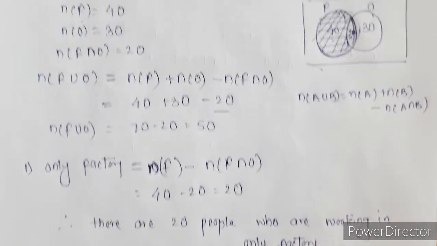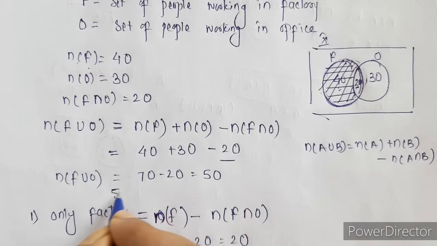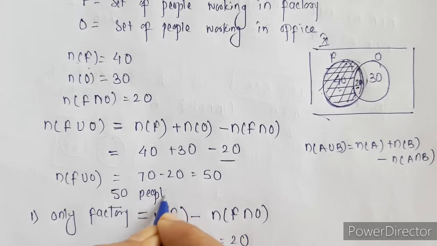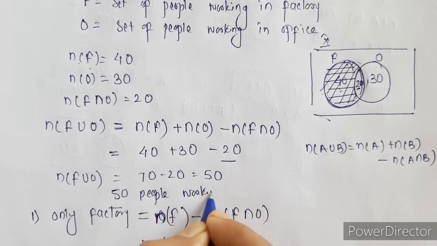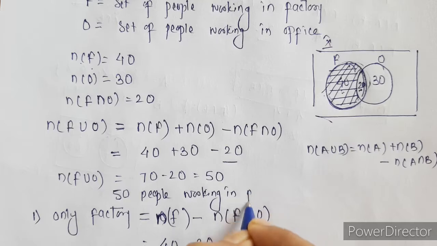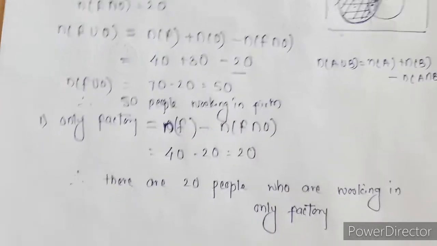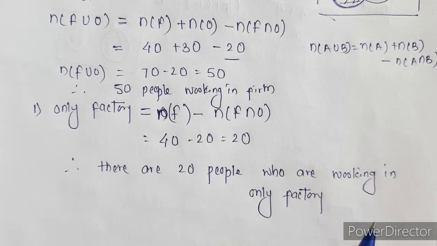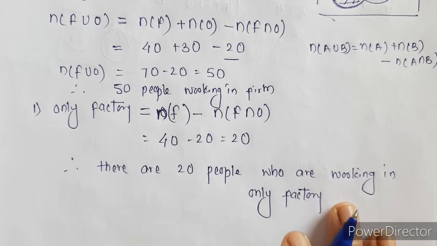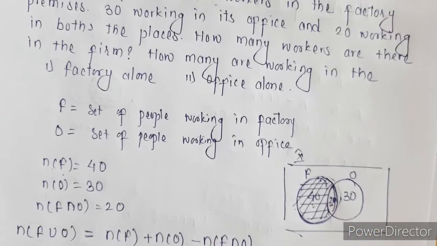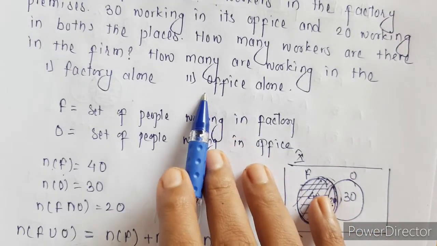In this case, there are 50 people working in the firm, so the total people working in the firm is 50, and out of 50 there are 20 people who are working in only factory.